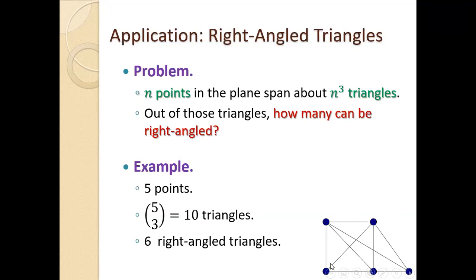So we can count. Actually, it's 6 or 7. Sorry, I think it's 6 or 7. You're right. Anyway, let's count. We can cut the square into 2 triangles with a diagonal, and that gives us 4 right angle triangles that are half of the square.